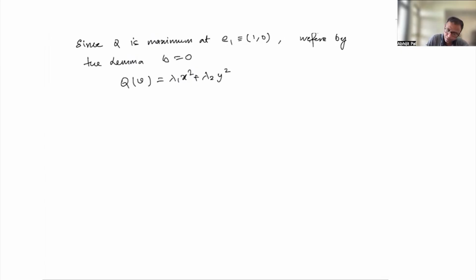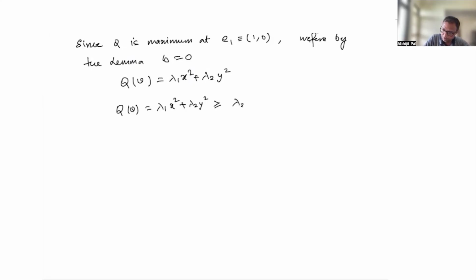Okay. So this we have shown. And now, if I take this QB, which is equal to lambda 1 x square plus lambda 2 y square, lambda 1 is the maximum. So lambda 1 will always be greater than or equal to lambda 2.